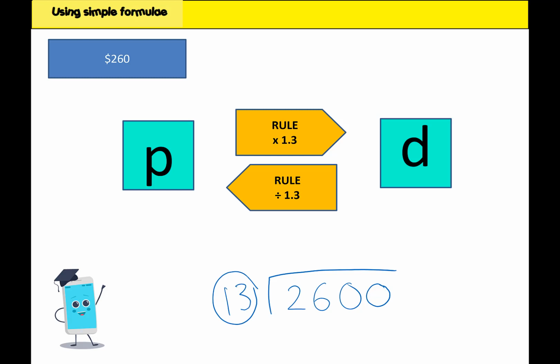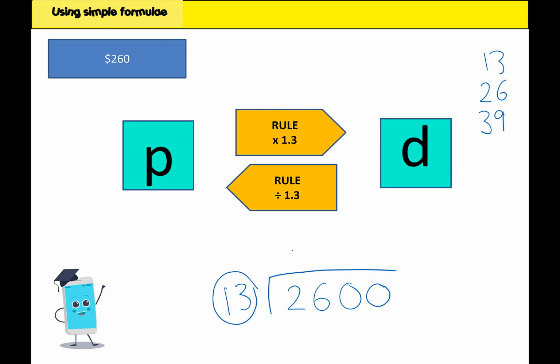So let's go. Now, if you've watched the division video as well, you know that I like to do help boxes. So I might list my first few multiples of 13. Now I'm actually going to stop there because I can see in my number, my 26 is already there.